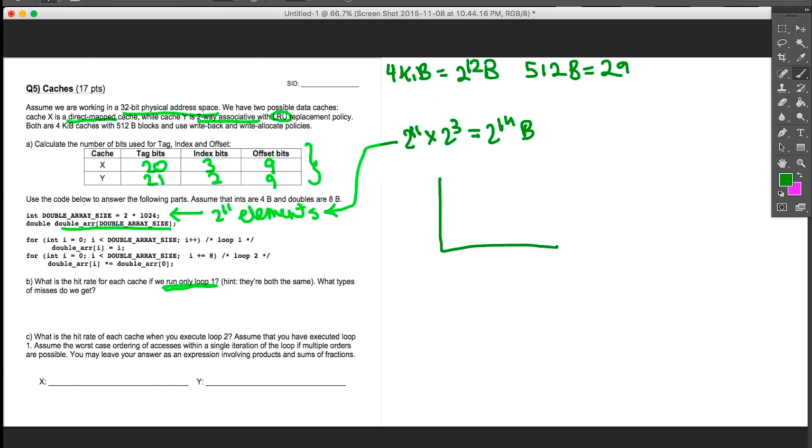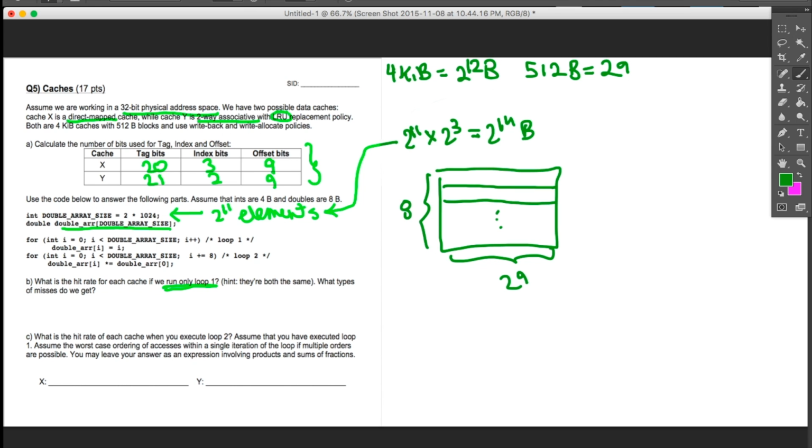So if we look at our direct map cache, if you remember, there were 2 to the 3 rows, so there are 8 rows. And the block size is 2 to the 9 bytes.